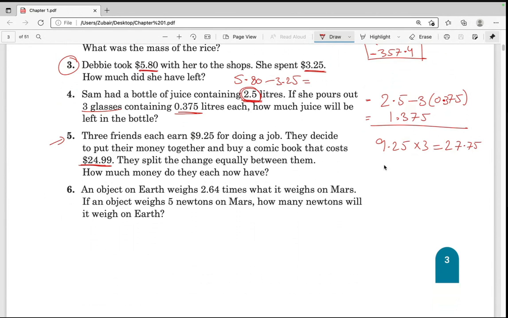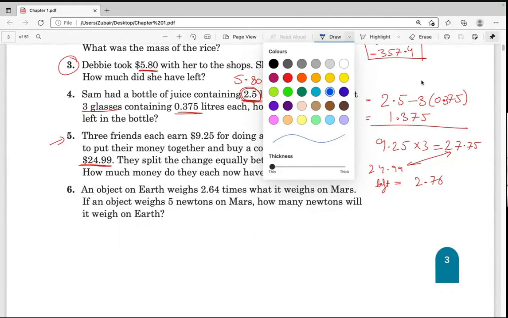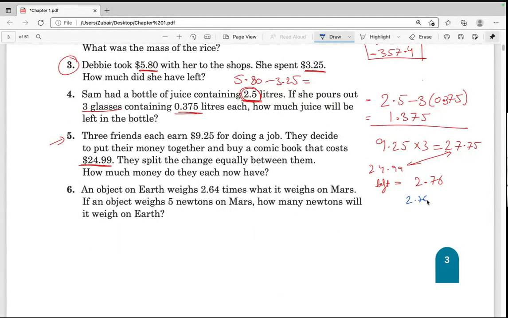Yes, sir. And 24.99 is the cost of the book. So we subtract these two and we are left with 2.76. Now they can divide this among themselves, 2.76 by 3, and we have $0.92 each, or 92 cents.